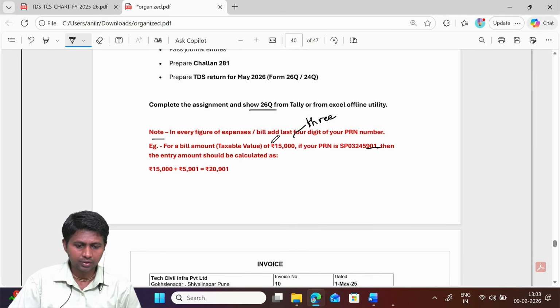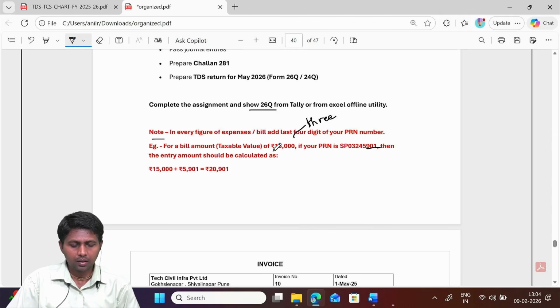If you download the Excel upload utility, in that also you will get the 26Q form. Show that form or a screenshot of it to your teacher, and then export the txt file by saving it and show that txt file as well. You cannot validate it, I think, because you don't have the actual challan.